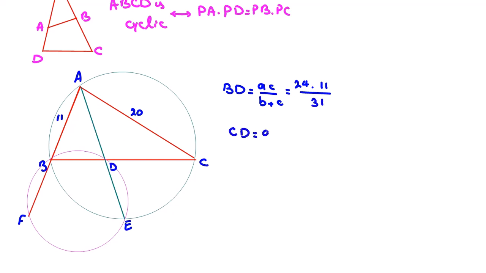CD is AB over B plus C, which is 24 times B, 20, over 31. Okay, now we found BD and CD.